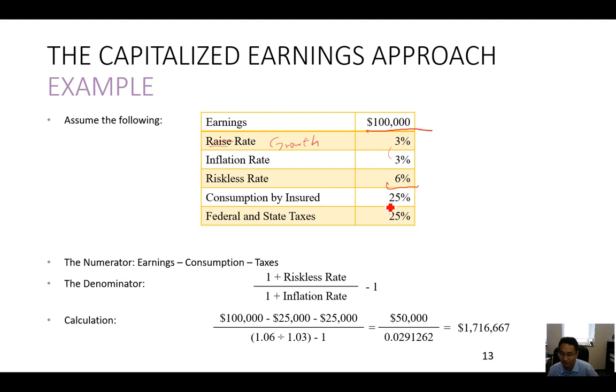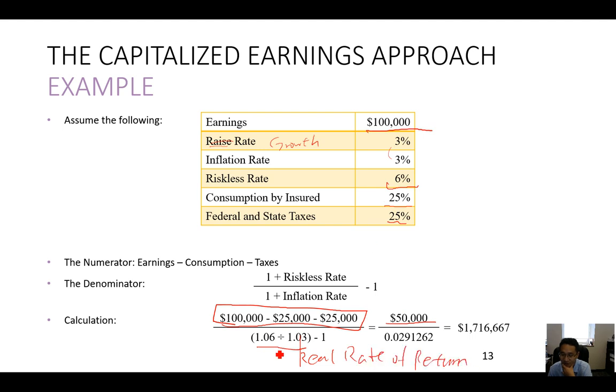And then certainly the insured, right? The person also consumes some, and then they need to pay some tax. So this is the net income provided to the family. Okay, so 50 grand. And then what is the discount factor? They use 1 point... So they basically use the real rate of return.